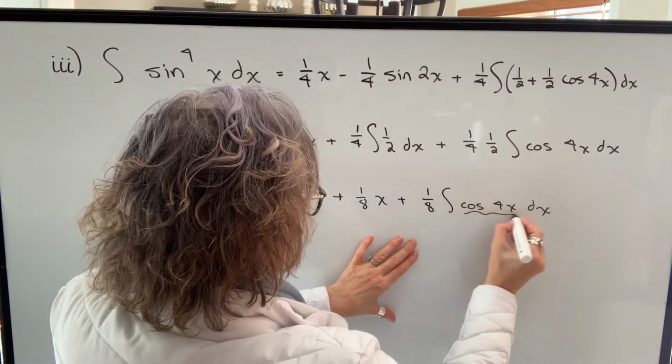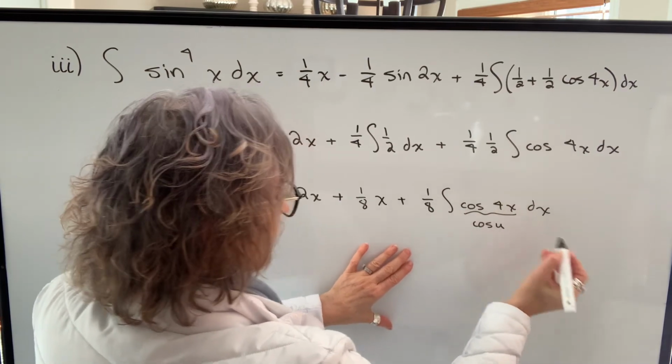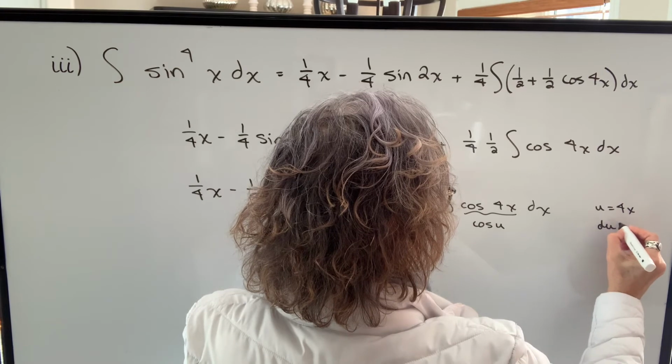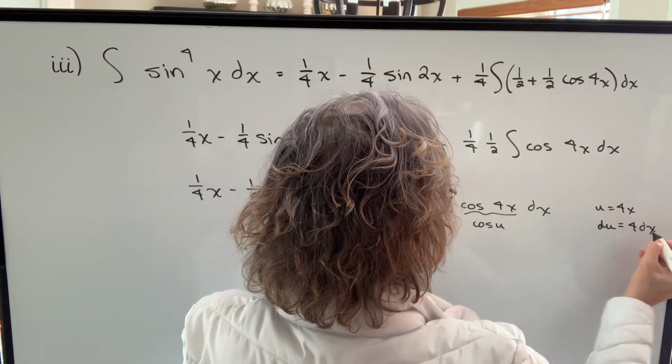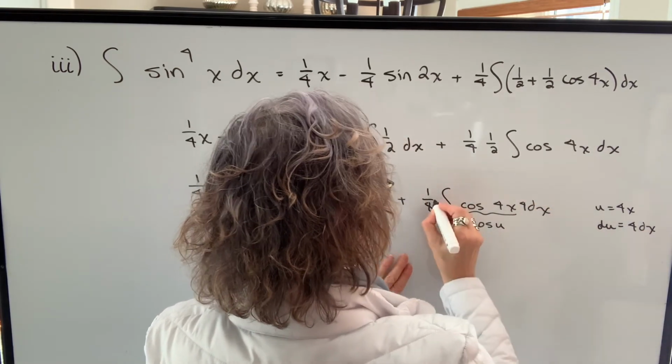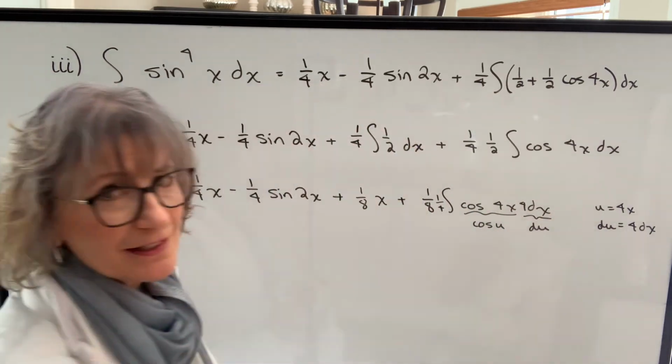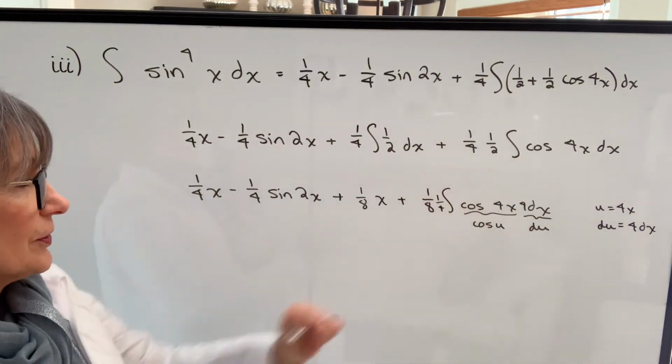Now this fits our pattern of cos of u. Now u is 4x. So du will be 4 dx. So I need a 4 here. I balance that with a 1/4 there. Now that my du factor is exact, I can integrate this.